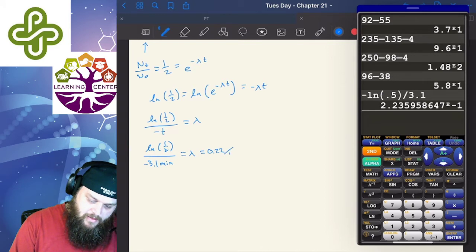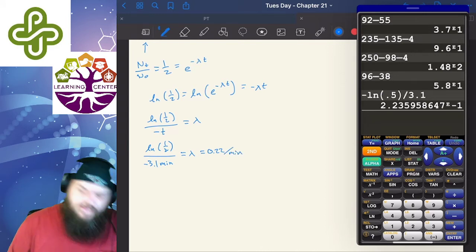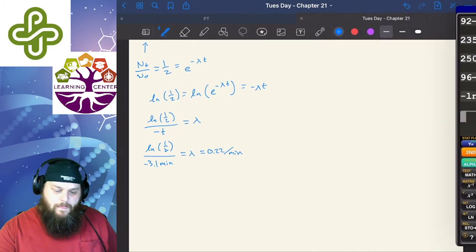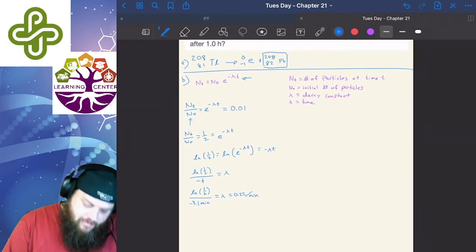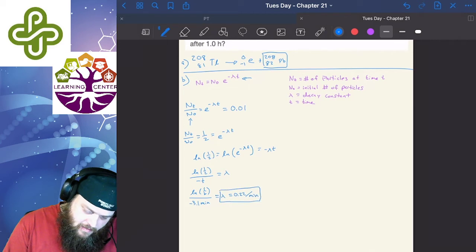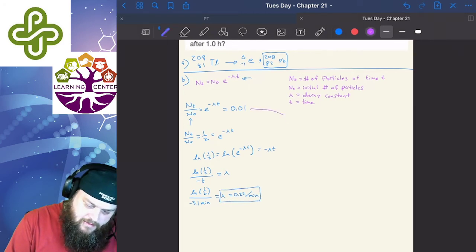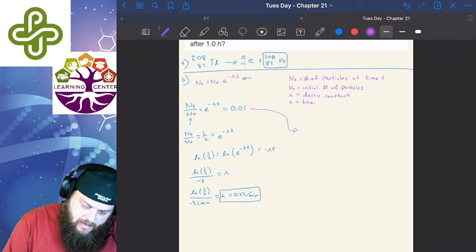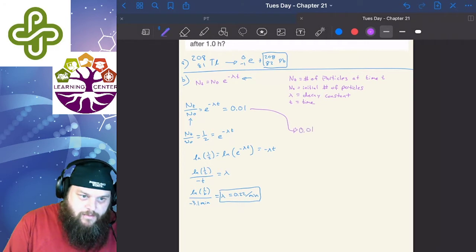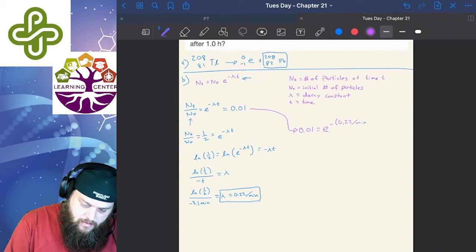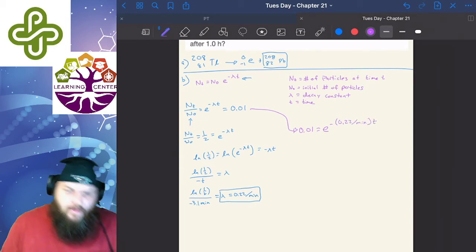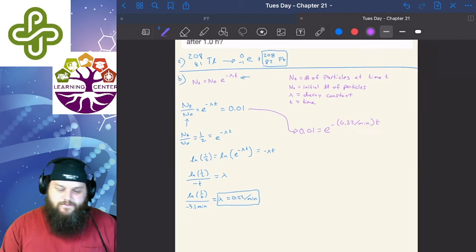That'd be per minute, because minute is in the denominator there. So now that I have my lambda value, put a little box around that, I can use this equation and say that 0.01 is going to be equal to e to the negative 0.22 per minute times t. And now I just have to solve for t.